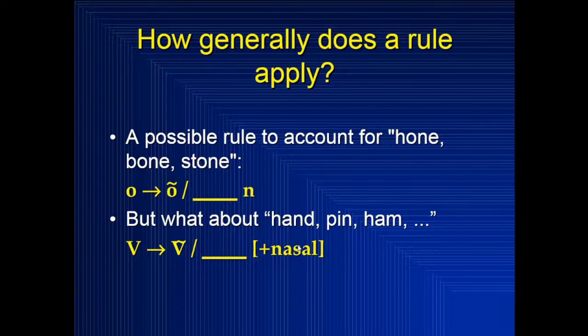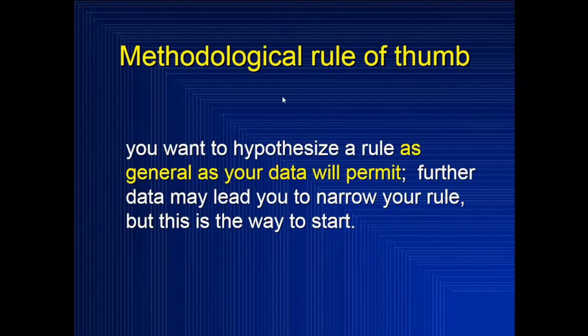Okay, so this one is more general than this one. This one is specific because it concerns only one vowel, but here it concerns all vowels that become nasalized in the context where they are followed by a nasal sound. You want to hypothesize a rule as general as your data will permit. Further data may lead you to narrow your rule, but this is the way to start.